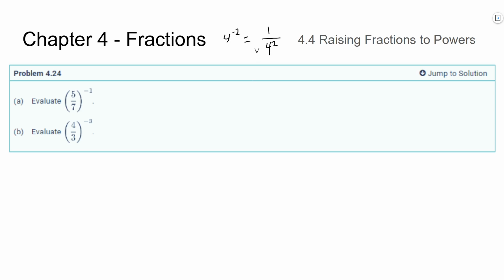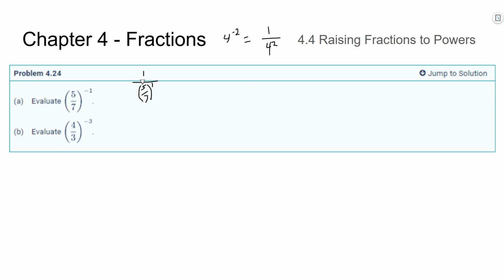Right, we take the reciprocal and then have the positive exponent there in the denominator. So we'll do the same thing here. We'll say 5 over 7 to the negative first would be the same thing as 1 over 5 over 7 to the 1.